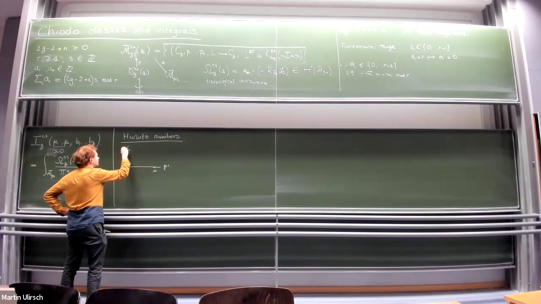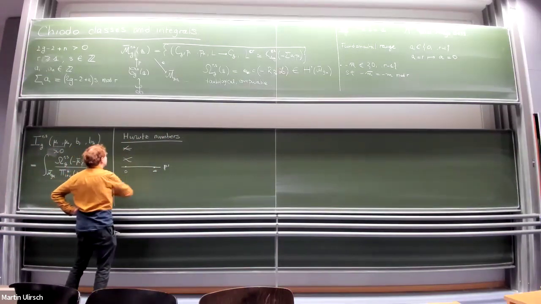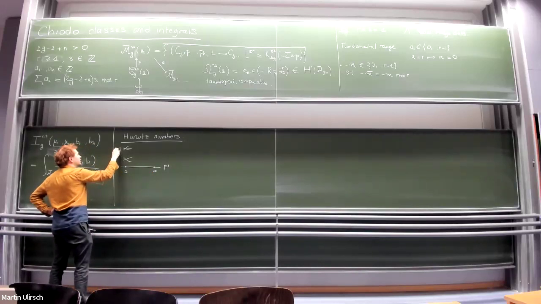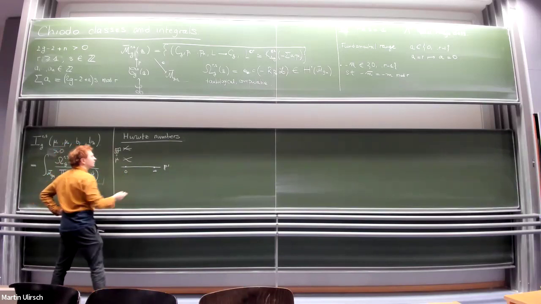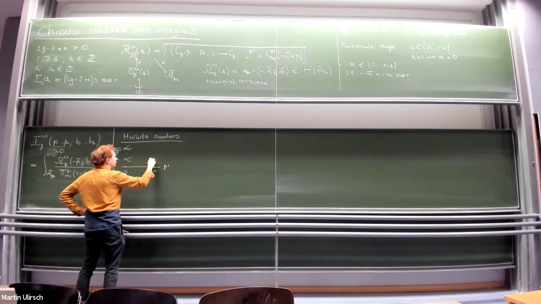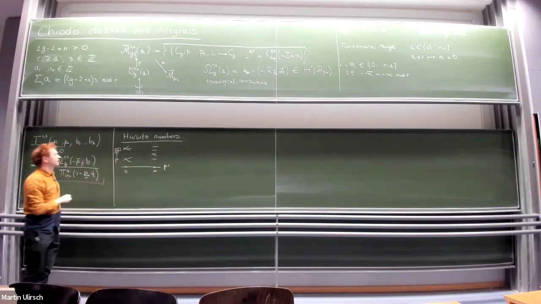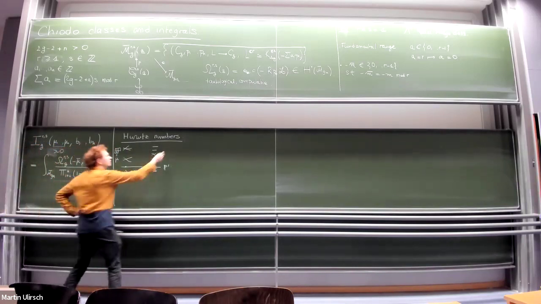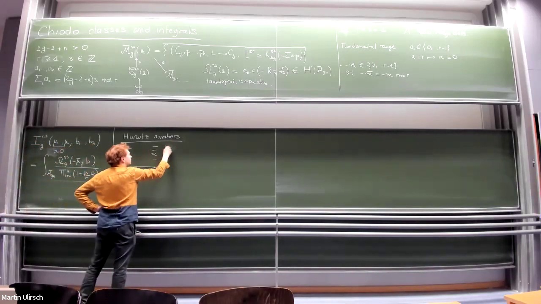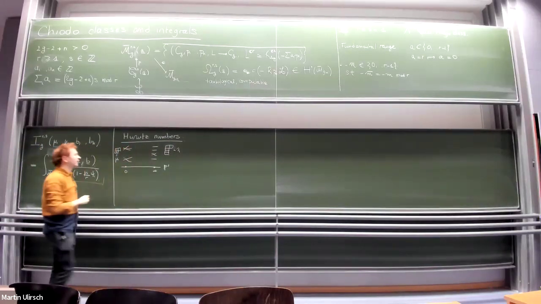Let's say we have ramification of order 3 and ramification of order 2. So that means again that I have a partition with a row of size 3 and a row of size 2. And on the other side, we have another ramification, let's say of the same degree 5 here. That would be represented by a partition with a row of size 2 and a row of size 1. And on infinity, I can have another.